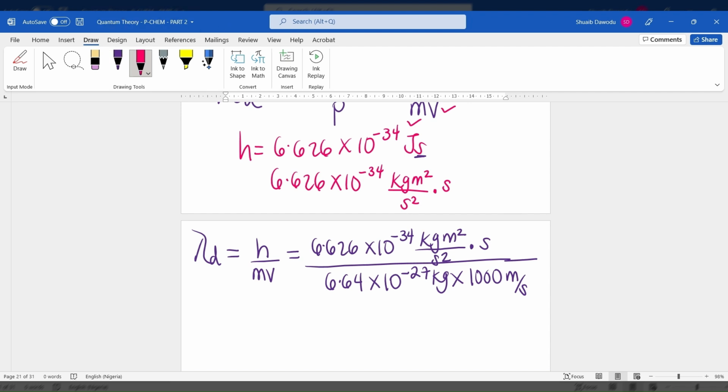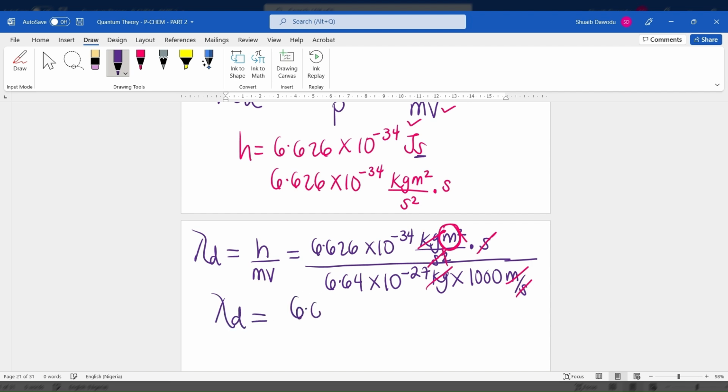So let's cancel stuff out. We cancel out the denominator meters, and we cancel out the other denominator meters. We cancel out the kilograms. We cancel out the second here. We cancel out the second here. So what we are left with is the actual unit of the wavelength, which is just simply meters. So that would be lambda sub d.